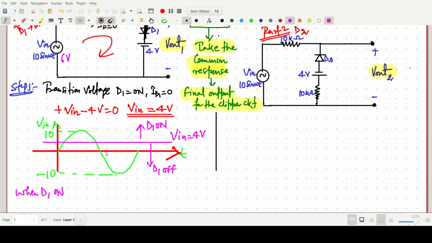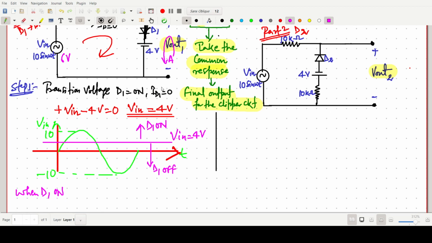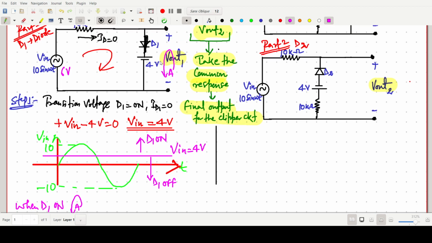When D1 is on, the output value will be found from this loop, say loop A. If we apply KVL in loop A, we can write simply plus V out 1 minus 4 equals 0.